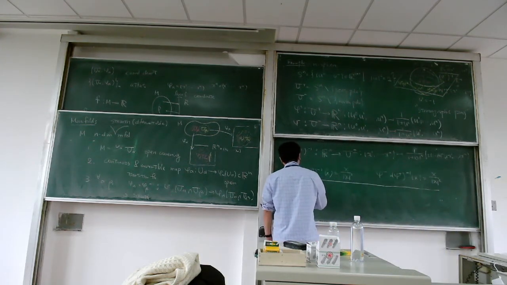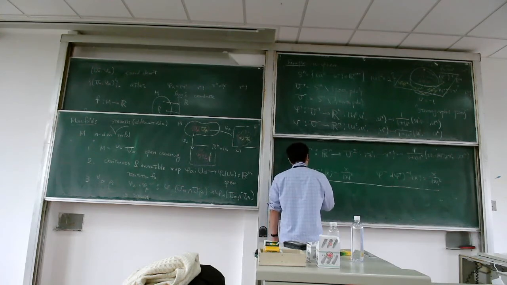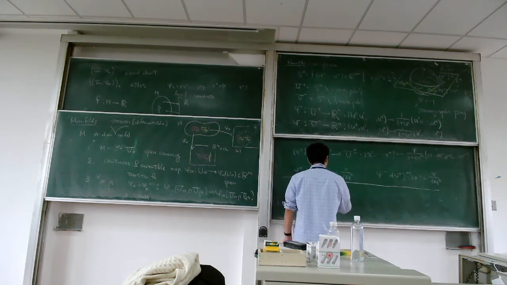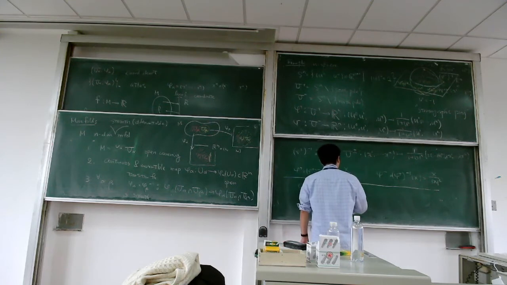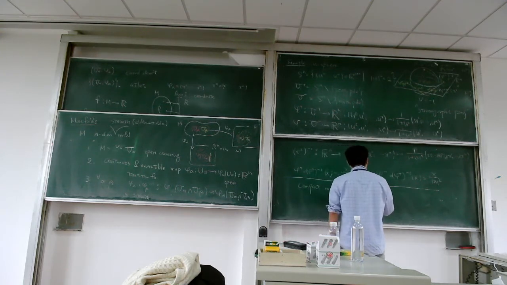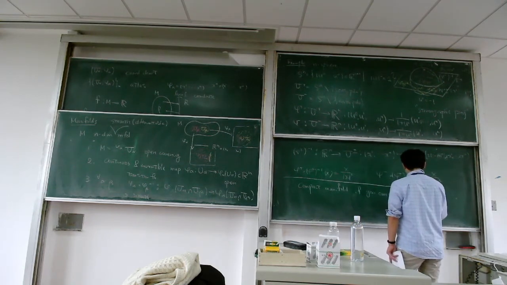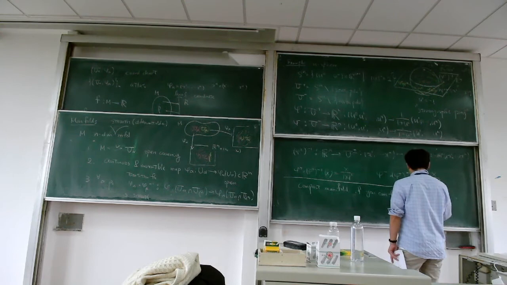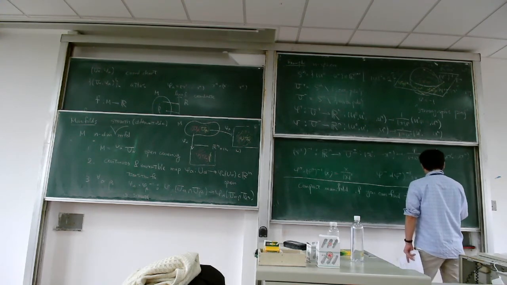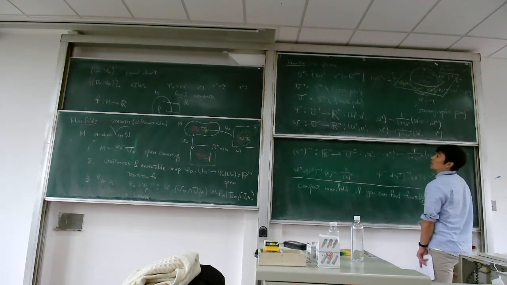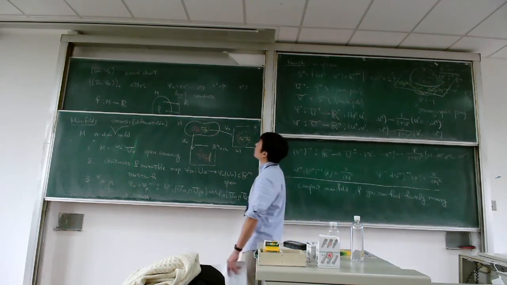It's a compact manifold if you can find finitely many coordinate charts.